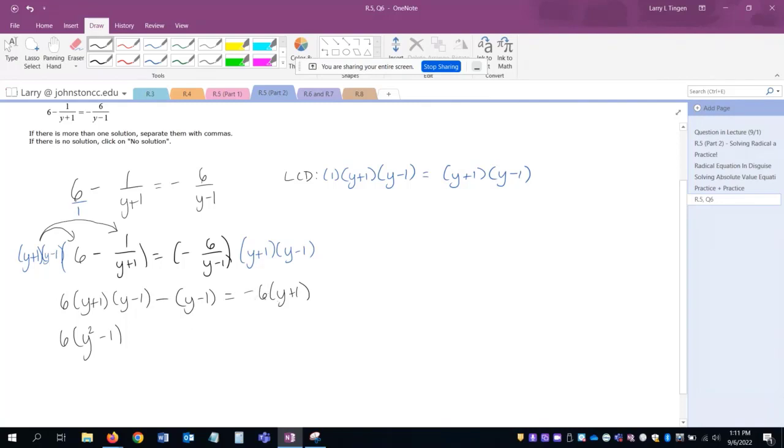And the only reason we know that it's negative 6 and not minus 6 is because there's no number sitting in front of the minus. That's what makes it a negative sign instead. You can put a parenthesis here, and that is absolutely valid. And then it's going to be distribute on that side just the same. Next step, distribute that negative, and then on the right, distribute the negative 6.